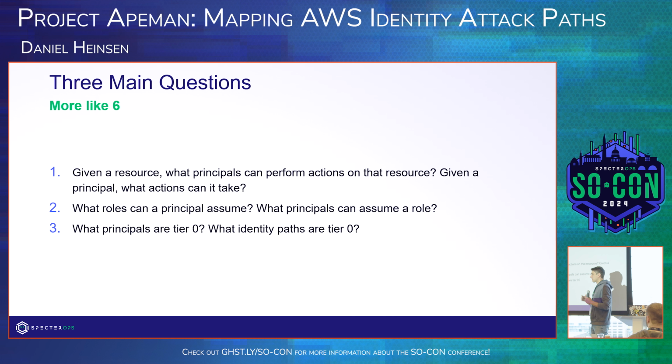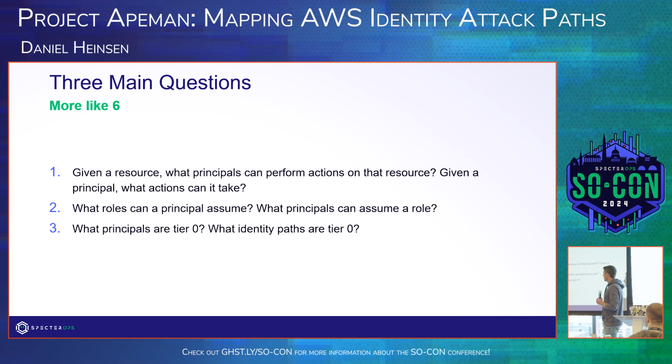And then conversely, given a principal, what are all the things it can do? And this is actually not a tough problem. It's difficult to present that information in a usable way, right? Because there's about 20,000 actions in AWS, right? And so I'm not going to give you a list of 18,000 actions and then a matrix with 20,000 resources. That's not feasible, right? So having a clean way to display that has been a challenge.